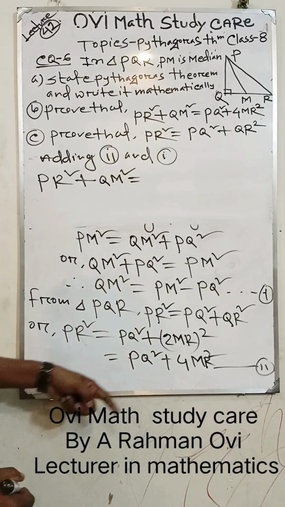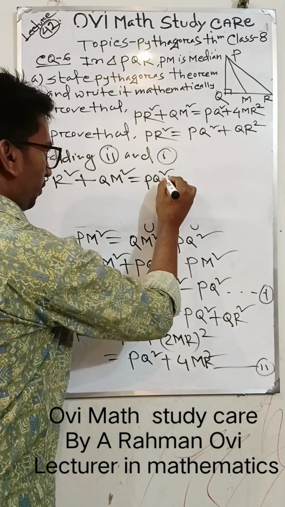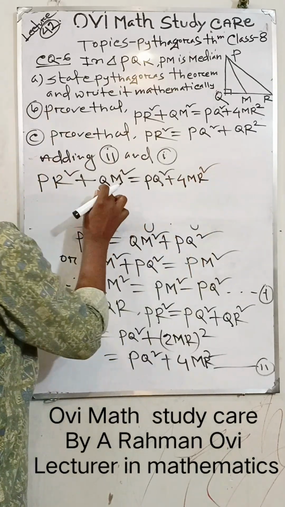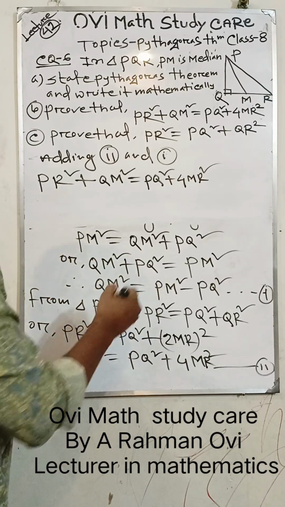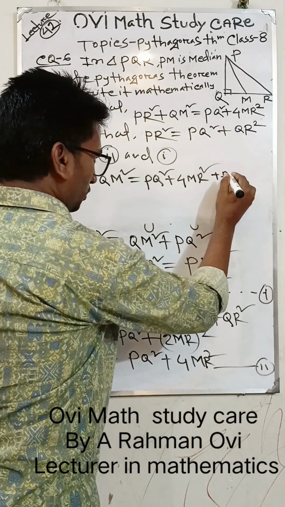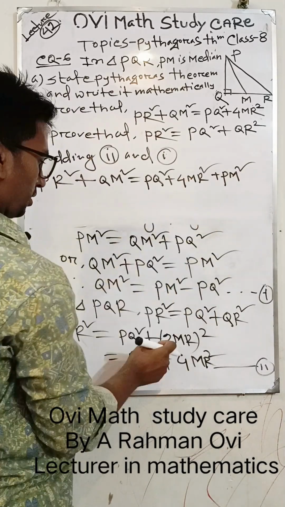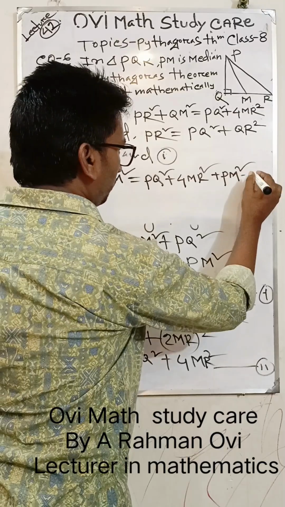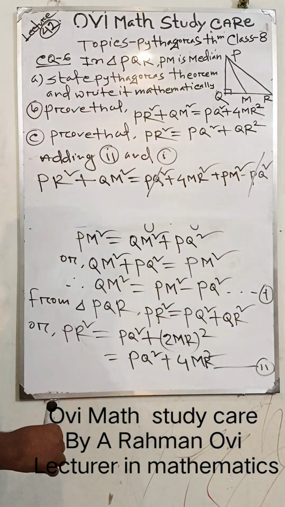It will be PQ square plus 4MR square, and replacing QM we write PM square minus PQ square. Here PQ square cutting.